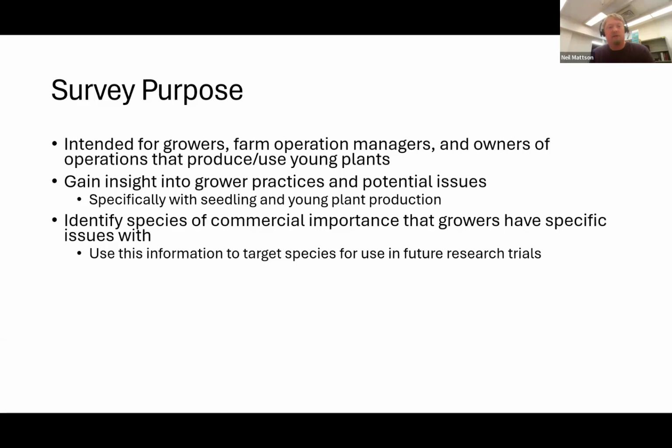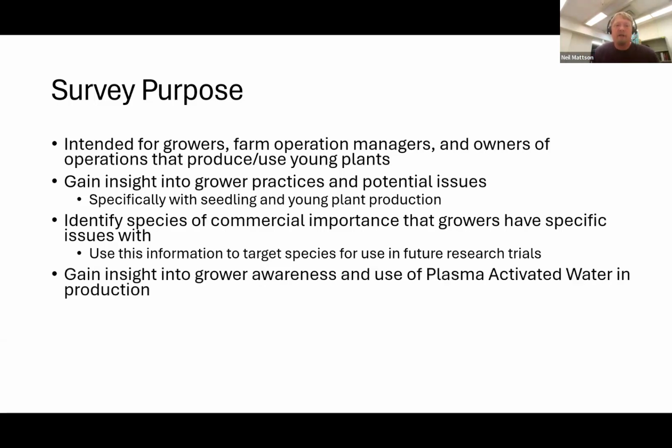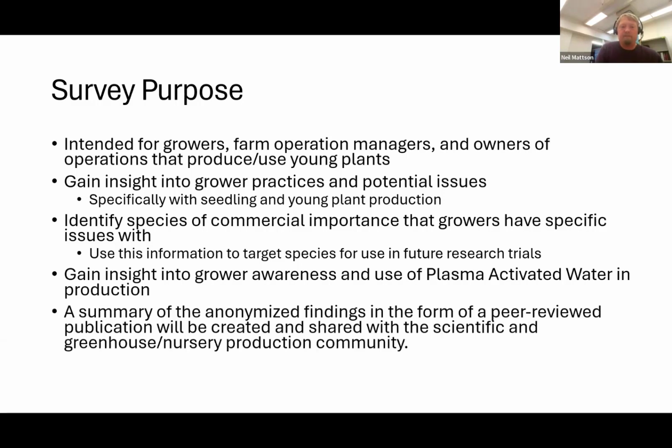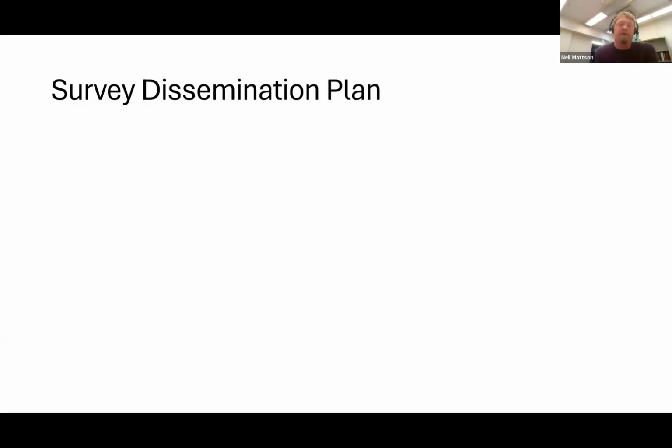So we also wanted to learn about what are the species that growers might have the most issues with so that we can target these for future research trials, and learn about grower awareness of plasma activated water. And so we'll summarize these anonymous findings into a peer-reviewed publication that we can share with the community. So hopefully that can be a resource for everyone.